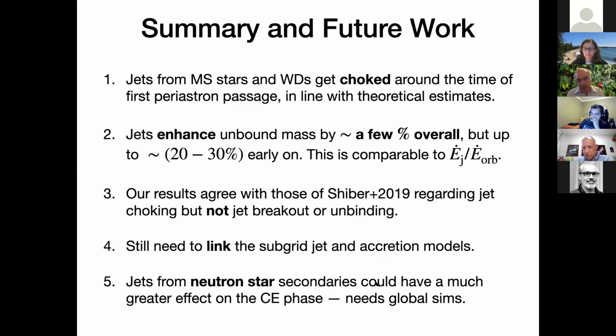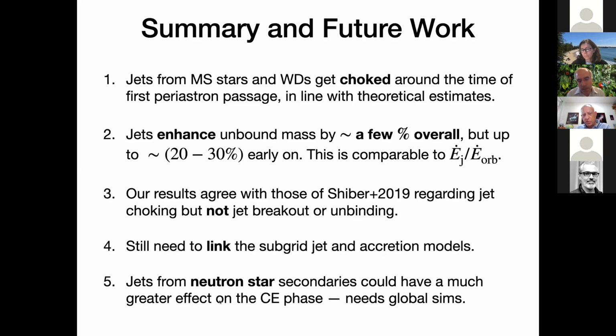So my last point here: I do think from our analytic estimates that the neutron star can accrete, and a jet from the neutron star would make a huge difference, because you can have hypercritical accretion much higher than Eddington, some 10^4, even 10^6 times Eddington, so that your jet power could be similar to a main sequence star, but your velocity could be like 1/10 of the speed of light.